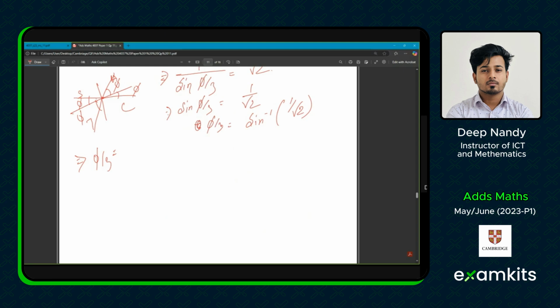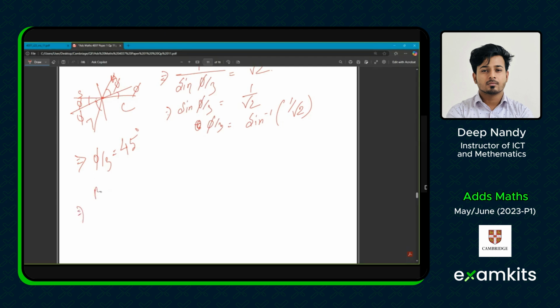Putting the value in the calculator, sine inverse 1 by root 2, we get 45 degrees.